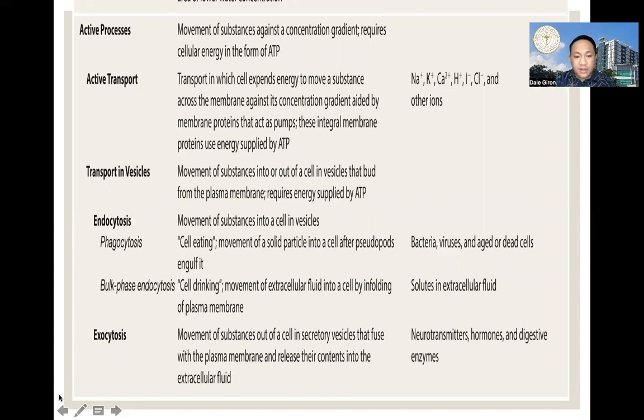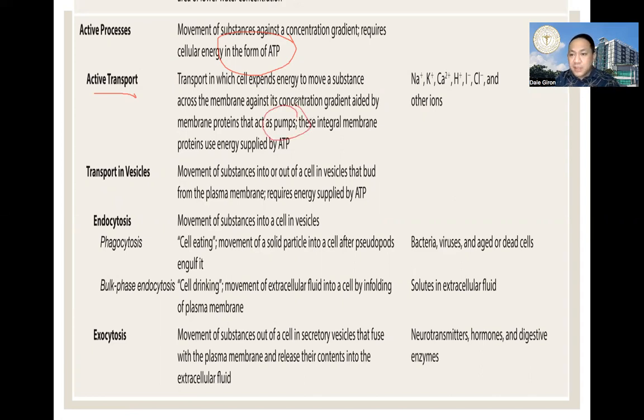So as mentioned a while ago, when we say active processes, it uses energy. It requires cellular energy in the form of ATP or adenosine triphosphate. Now, what is active transport? These are transports in which the cell expends energy to move a substance across the membrane against its concentration gradient, aided by membrane proteins that act as pumps.